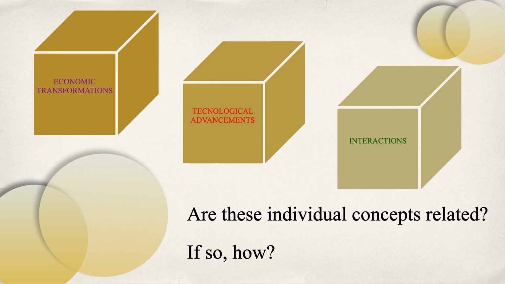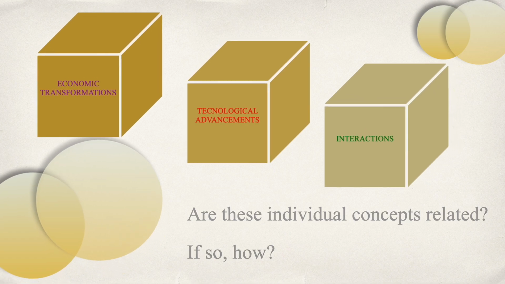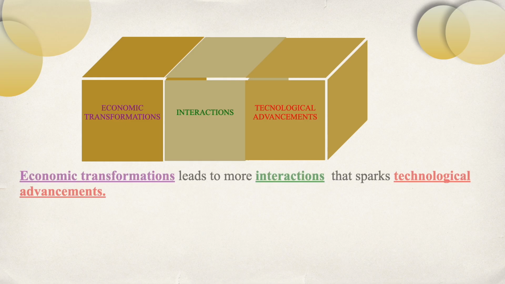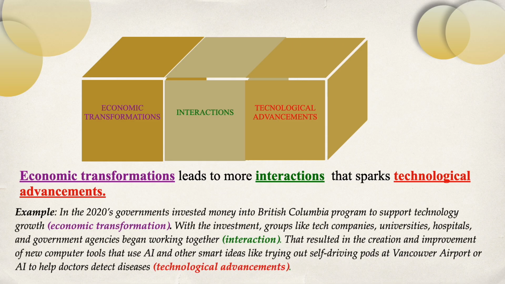What is one way that technological advancement, interaction, and economic transformation are related? One statement that relates the concepts is this: economic advancement leads to more interactions, which then spark technological advancements. In this case, we can support the statement with a factual example. An example is when, in the 2020s, governments invested money into British Columbia, economic advancement, to support technology growth.